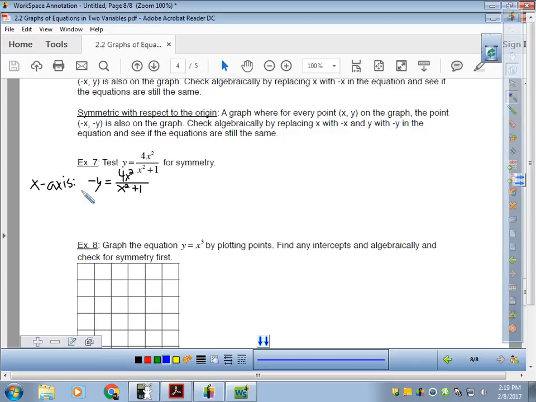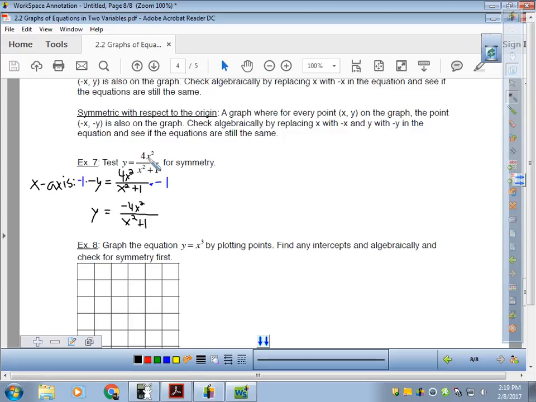I can get rid of this negative by multiplying both sides by negative 1. So here, negative 1 times negative y gives me positive y. Over here, negative 1 times this fraction, I'm going to get negative 4x squared over x squared plus 1.